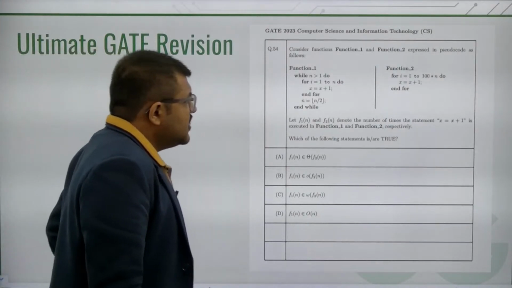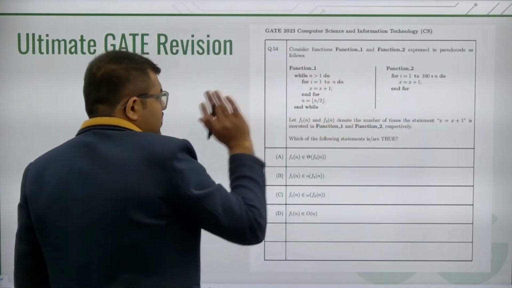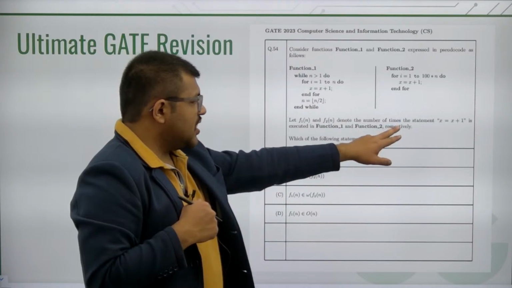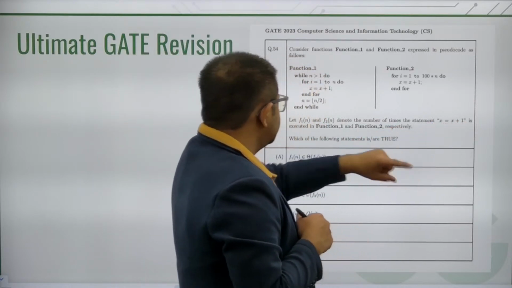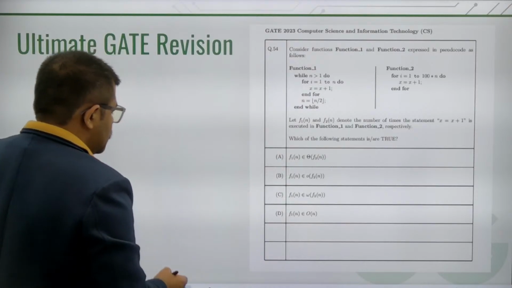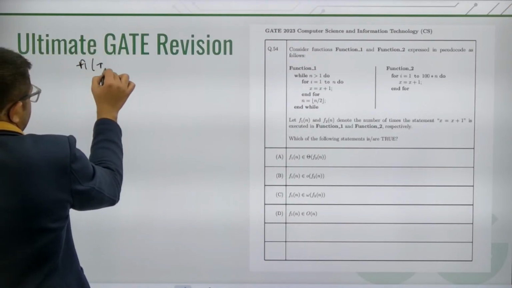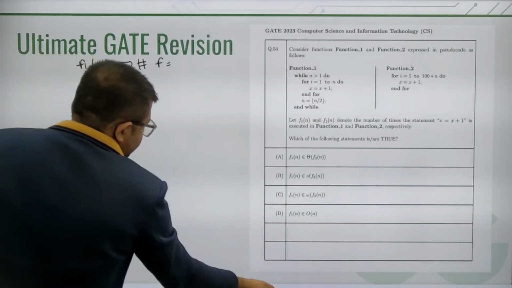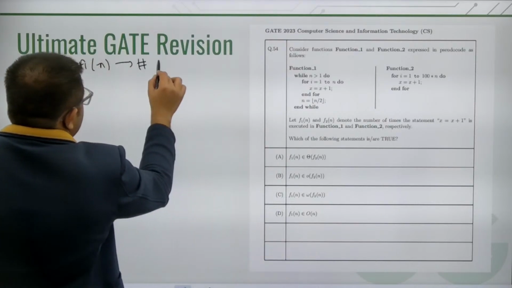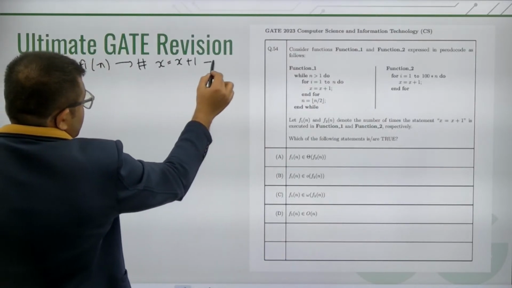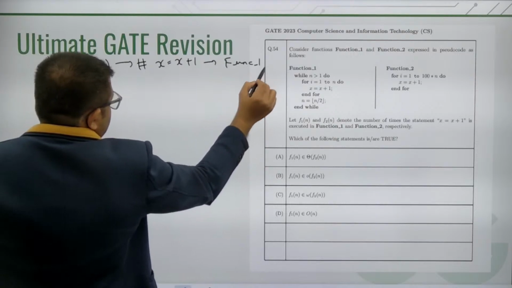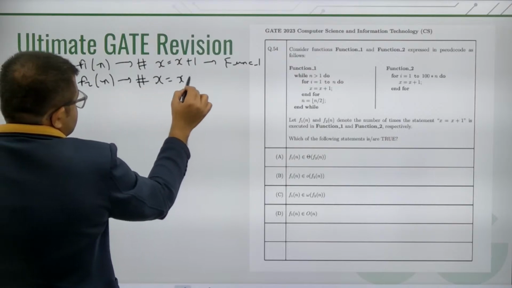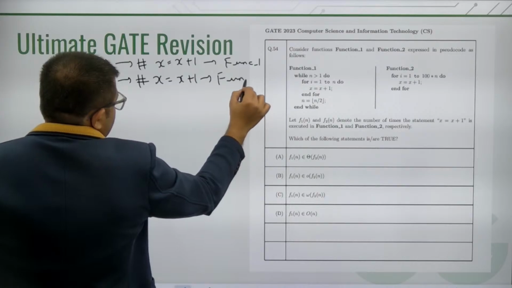Consider the functions function 1 and function 2 expressed in pseudocode as follows. So we are given pseudocode of two functions. Let f1(n) and f2(n) denote the number of times the statement x equals x plus 1 is executed in function 1 and function 2. So f1(n) is the number of times the statement x equals x plus 1 is executed in function 1 and f2(n) is the number of times this statement is executed in function 2.